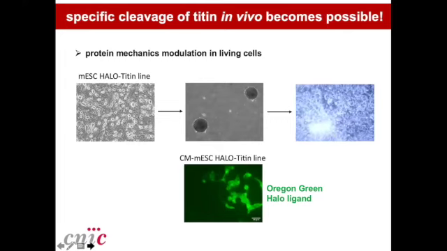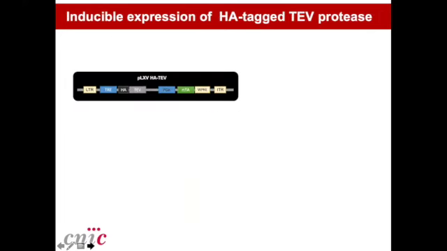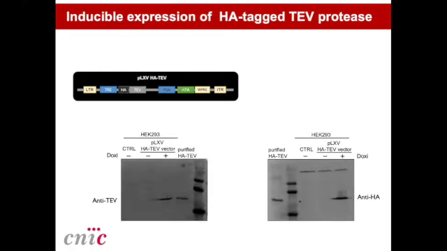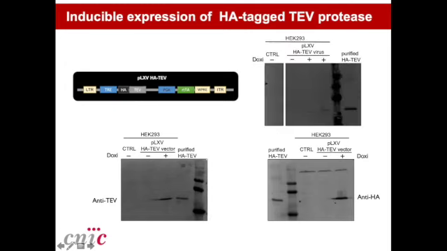We moved on to another construct with the same promoter, a lentivirus vector, but without the fluorescence tag. As you can see here, after induction, cells express TEV after transfection and also infection with the virus, so the system works well with this vector.